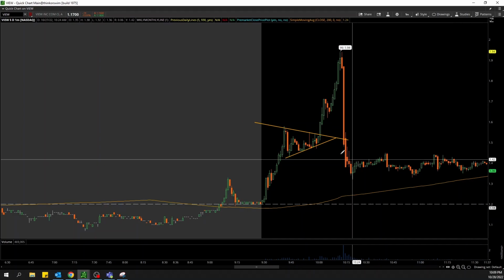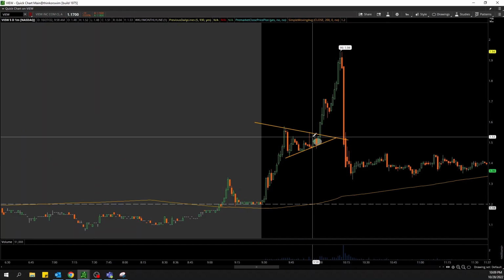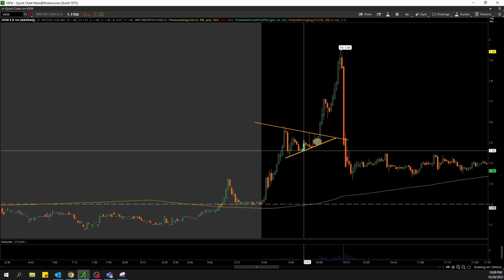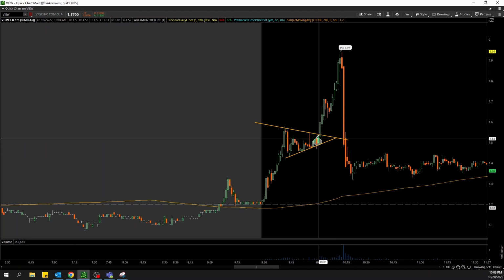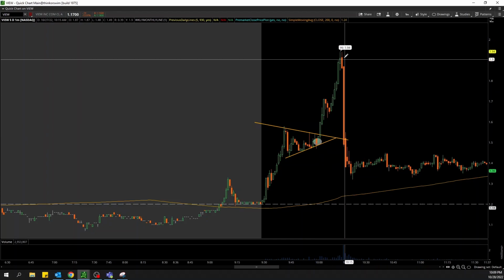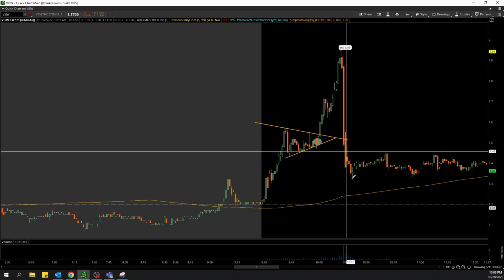So ultimately, this area here is right where you probably would have been looking at getting the entry, risking off the bottom of here, off this support. So you had some consolidation, jumped in about right here. You're looking at about 5-7 cent risk, and then it went to 194, and then it just knifed itself.